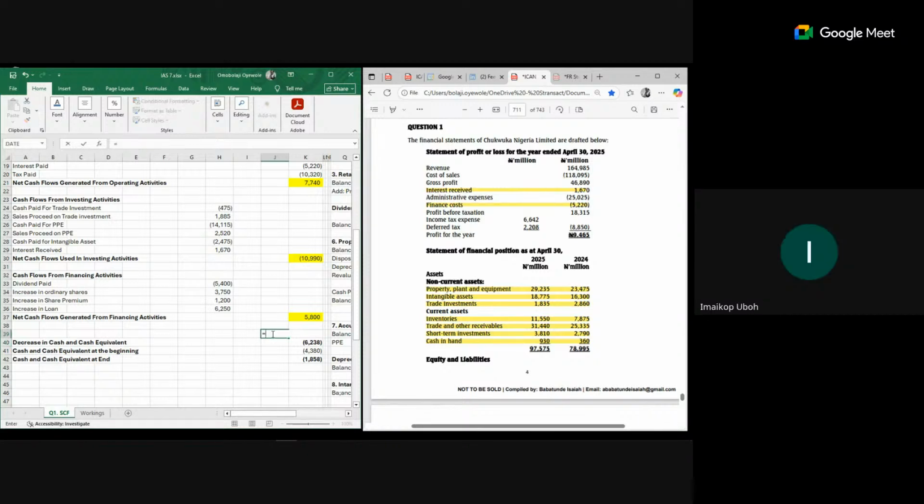Use equal to at the end. That's 740 minus 10,990 plus 5,800. Plus. This is positive. It's giving us 2,550.